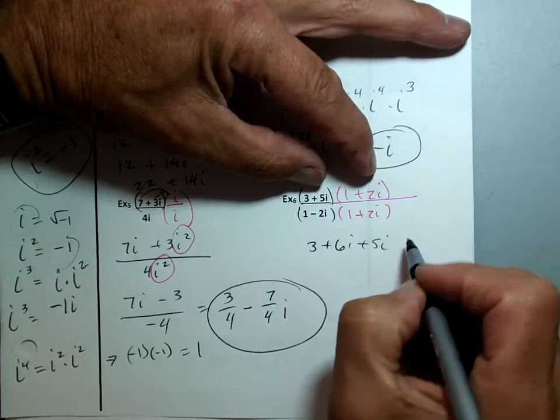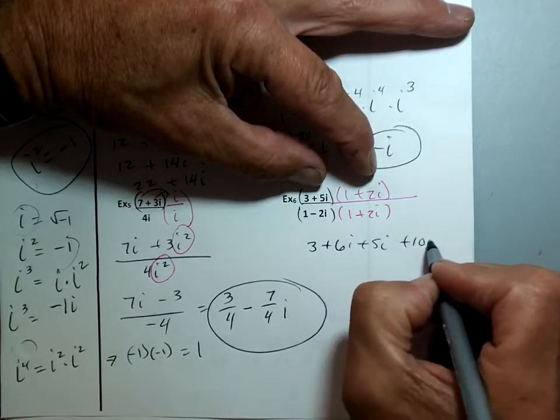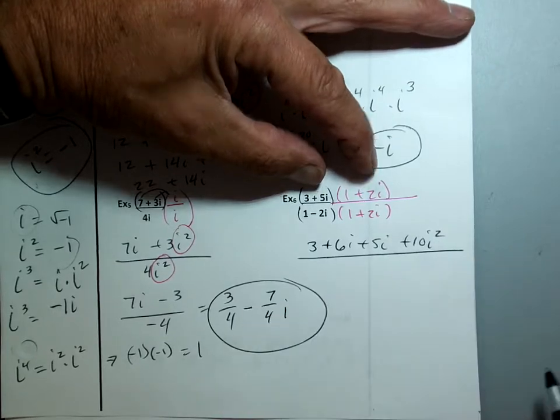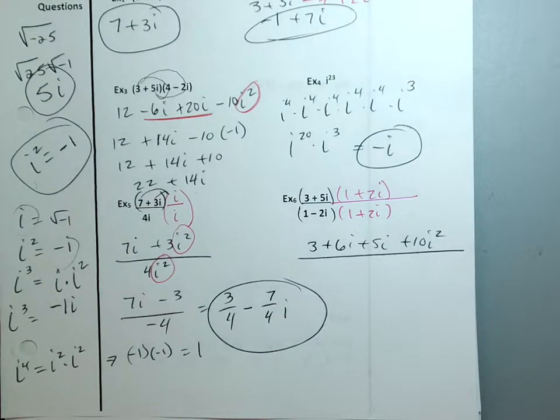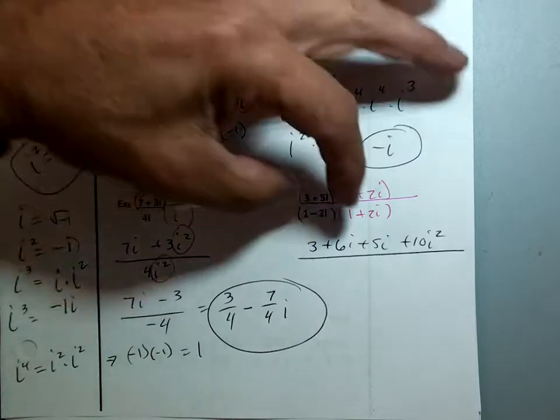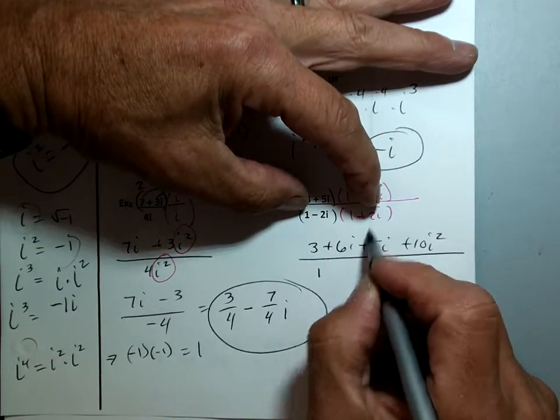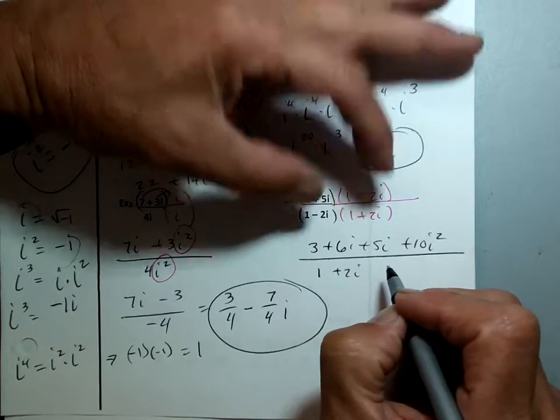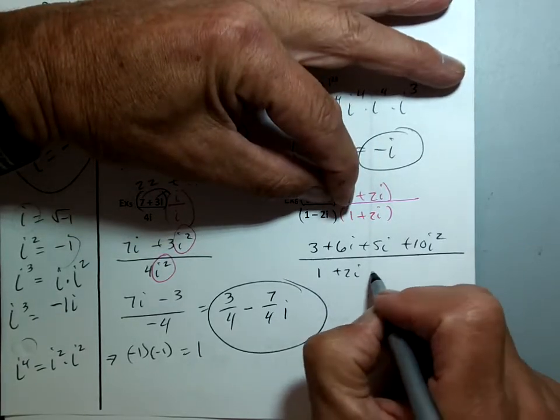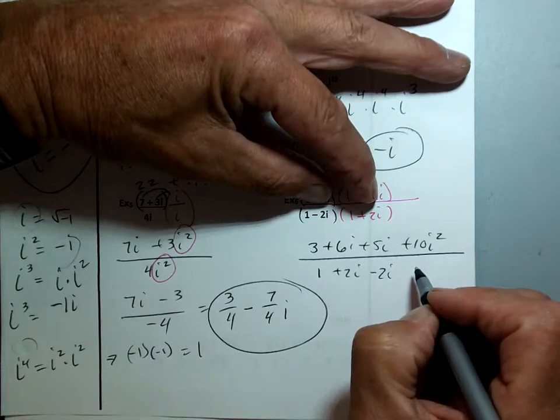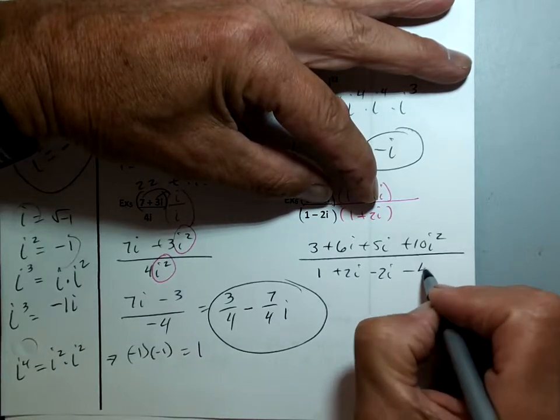And 5i times 2i is a positive 10i squared. I'm just foiling the numerator. The denominator, I'll FOIL. I'll get a 1. 1 times 2i is a positive 2i. Negative 2i times 1 is a negative 2i. And then negative 2i times 2i is a negative 4i squared.